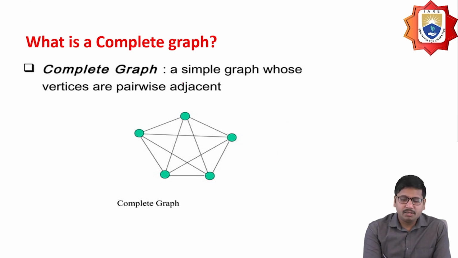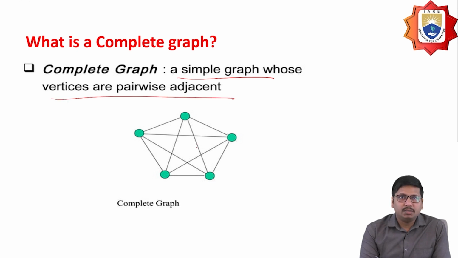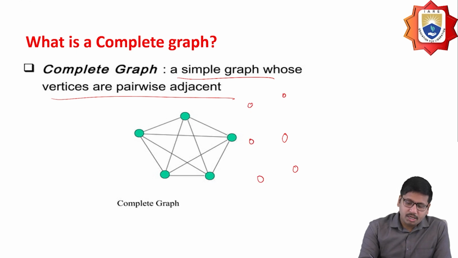A complete graph means a simple graph whose vertices are pairwise adjacent. Supposing the number of vertices in the graph is 6, for each vertex there should be an edge connected to every other vertex.